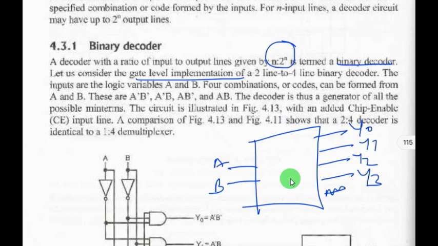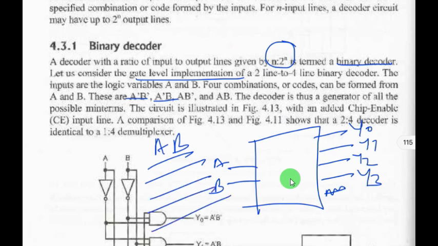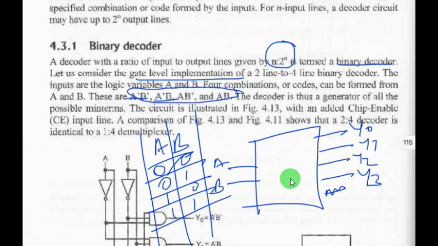The inputs are the logic variables A and B. 4 combinations or codes can be formed from A and B. When you have A and B, you have 0, 0, 0, 1, 1, 0, and 1, 1. So these are the 4 possible combinations, and if you write them in this form, you would have A bar B bar, A bar B, A B bar, and A B.